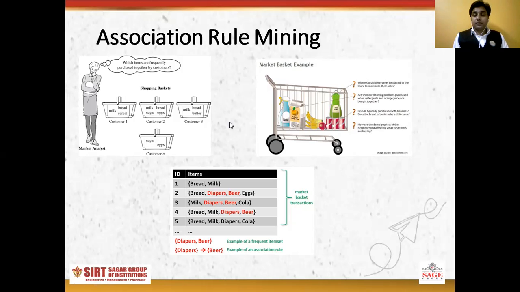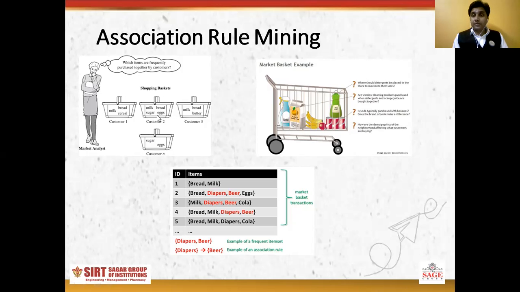Because they are working smartly. They are putting together the things which are purchased frequently. For example, if one customer wants to buy bread, it might be possible he will purchase milk and eggs.